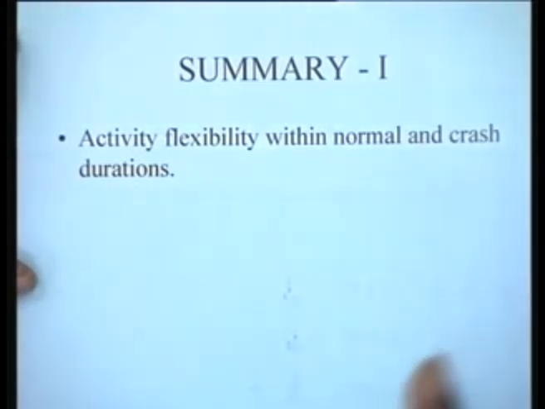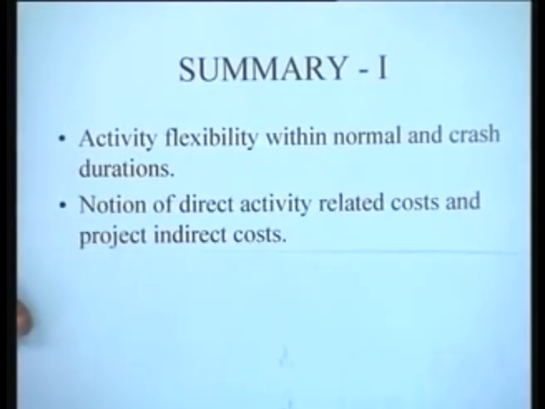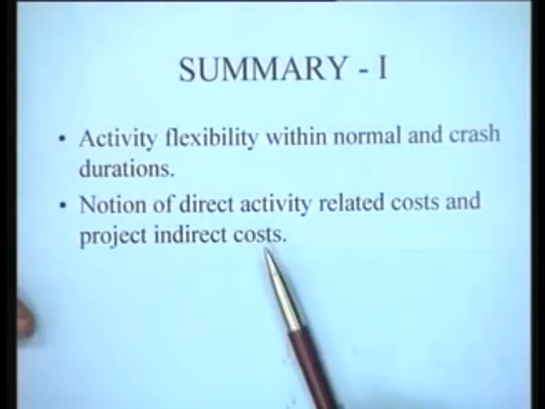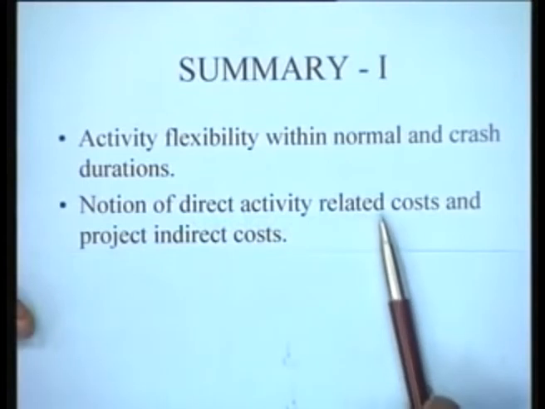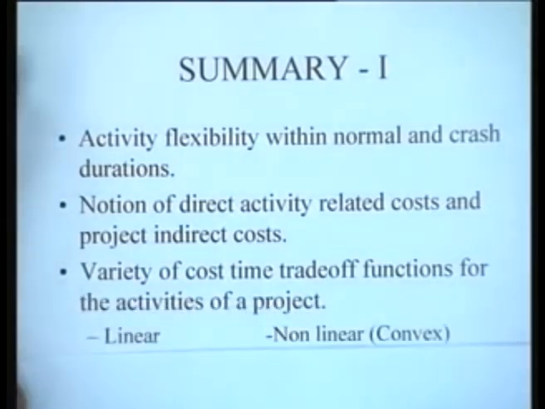For each activity there is a normal duration and a crash duration, and in between there could be a variety of different cost time relationships for that particular activity. Then we saw the notion of direct activity costs, activity related costs, and the project indirect costs. The direct activity related costs, typically when you reduce the duration of the activity, the cost goes up, and it's vice versa for the project indirect costs, and we saw what their compositions were like.